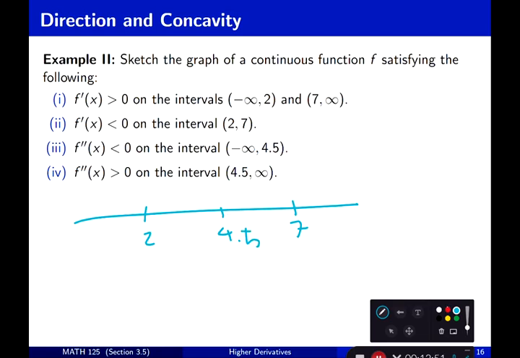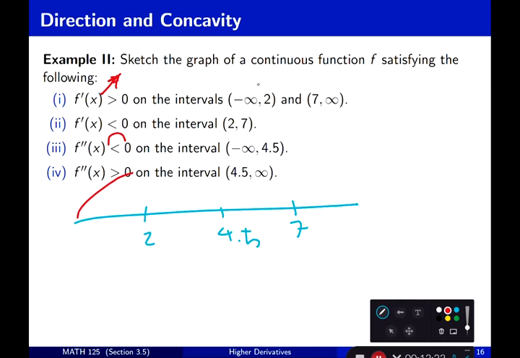What is happening in here is that we know that between negative infinity and 2, the function is increasing, and the concavity is less than 0, f double prime less than 0 means downward. And so in here we're going to get increasing and concavity downward looks like that.